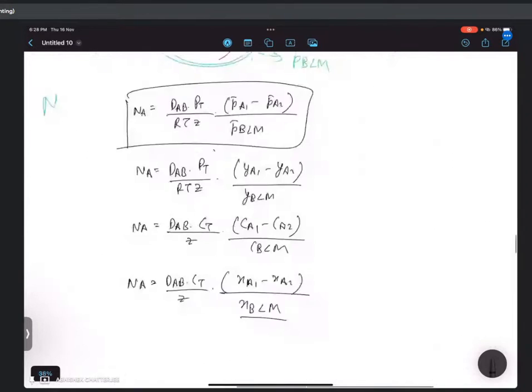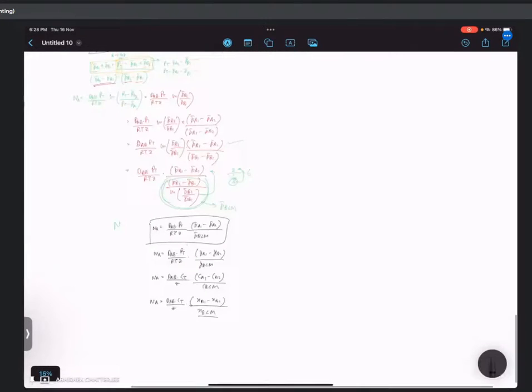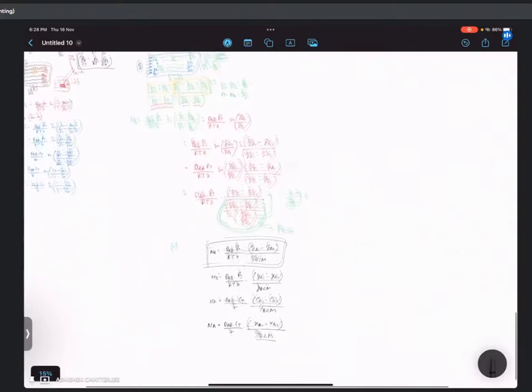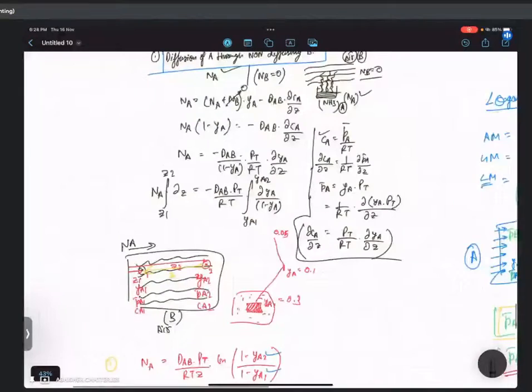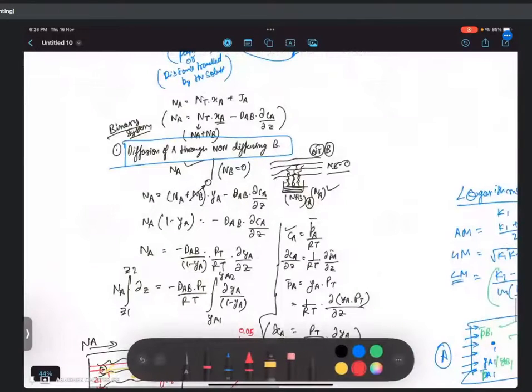Same thing, just other representations. So in total you will have this many formulas for your first case, that is, diffusion of A through non-diffusing B.